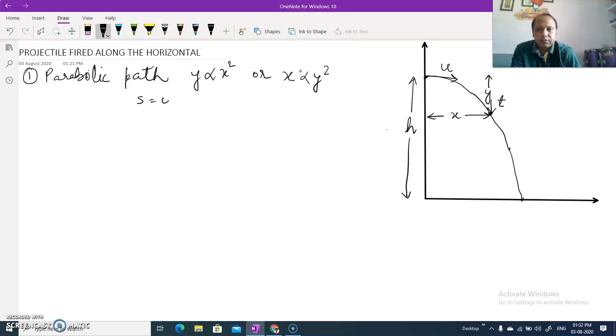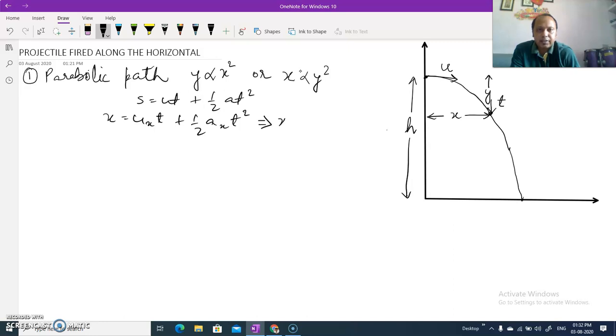So s equal to ut plus half at square. Now along the x-axis, it will be x is equal to uxt plus half axt square. Now along the x-axis, at time t, it has covered a distance x.